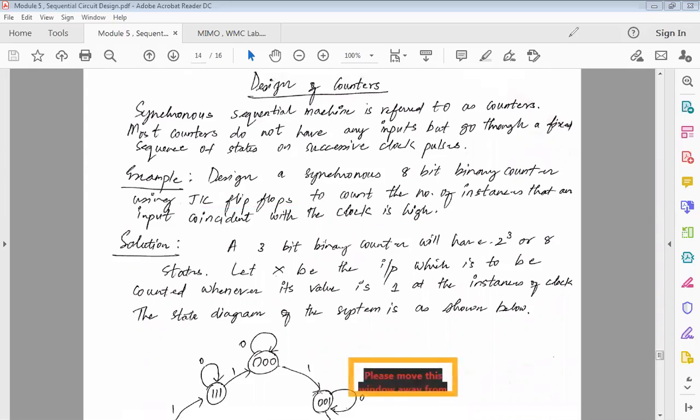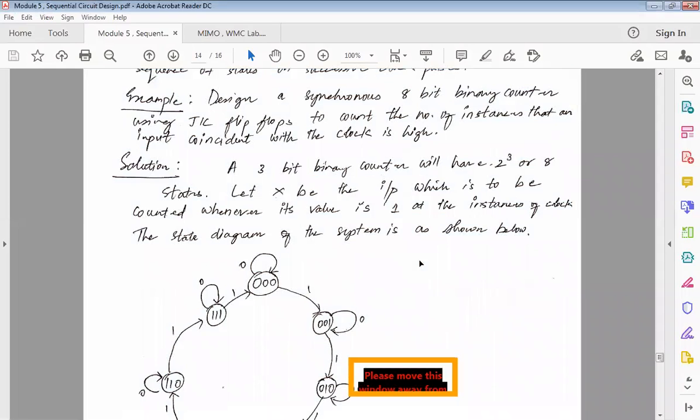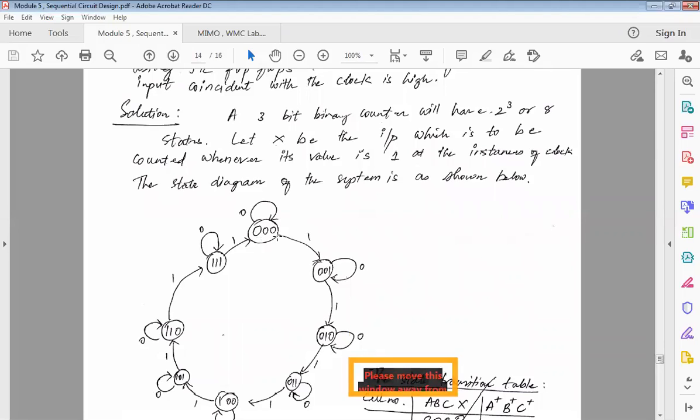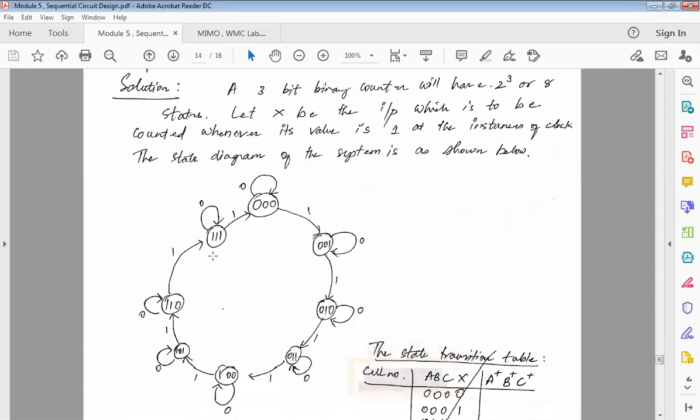A 3-bit binary counter will have 2 raised to 3, or 8 states. We are very much aware of that. So we start off with 0, 0, 0, then we go to 1, 2, 3, 4, 5, 6, 7. So do we have 8 states now? Yes, we do have 8 states.